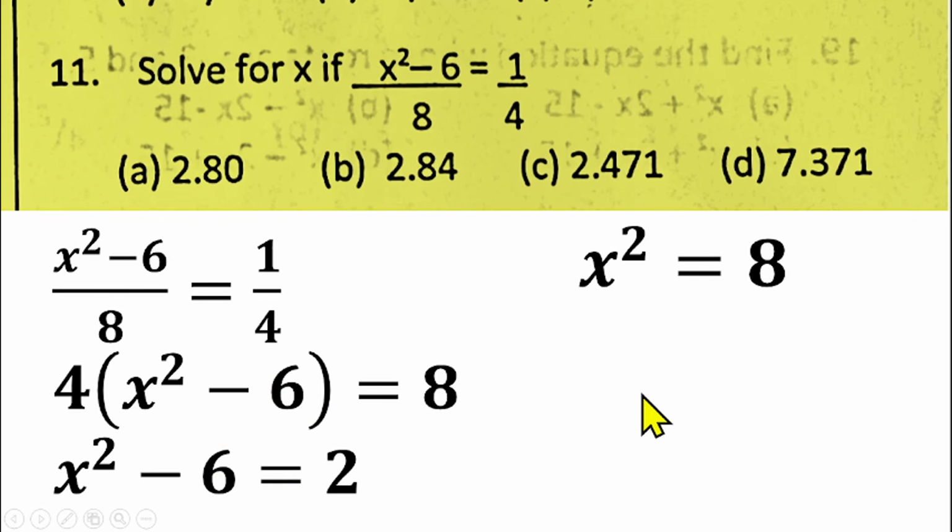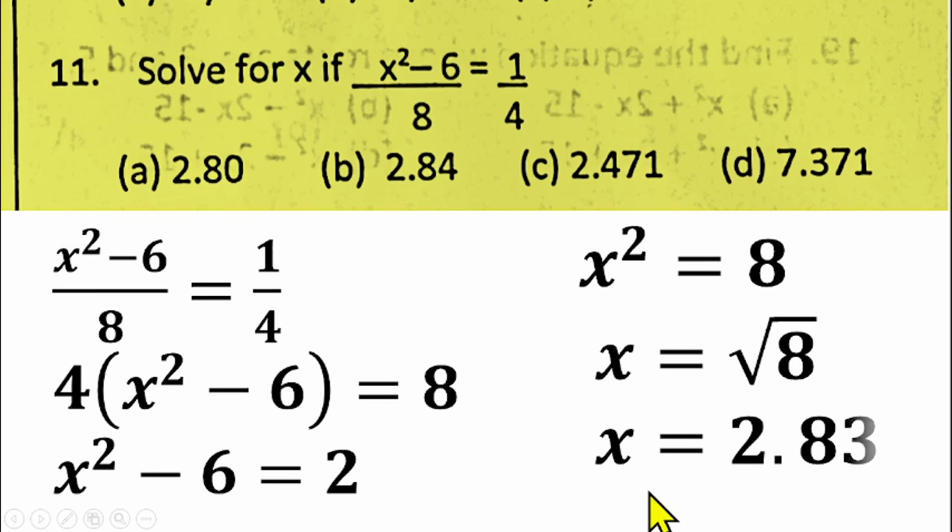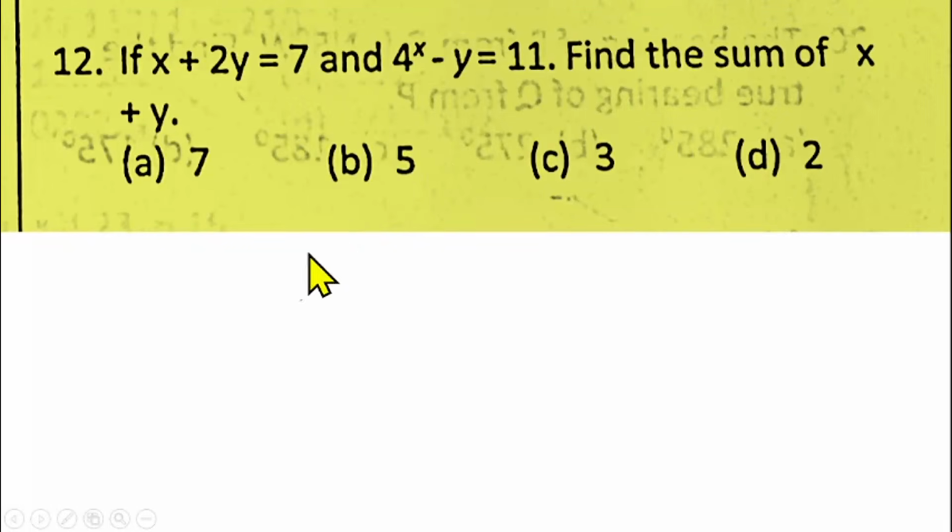You can find the square root of 8. That should give us 2.83, which is approximately option B for question number 11. Question number 12 is also from simultaneous equation.